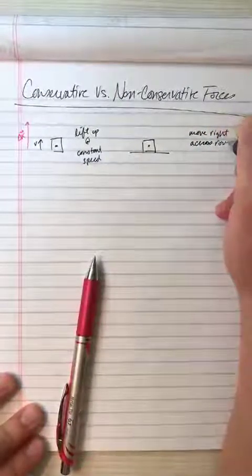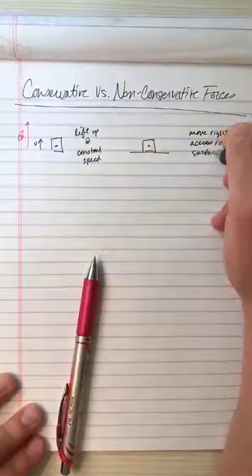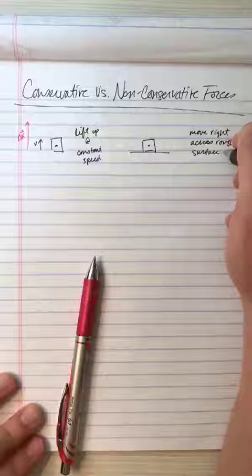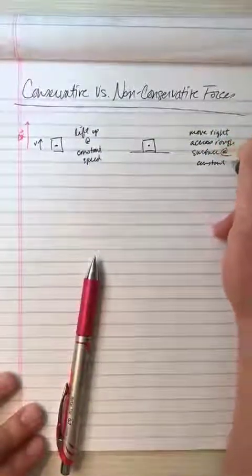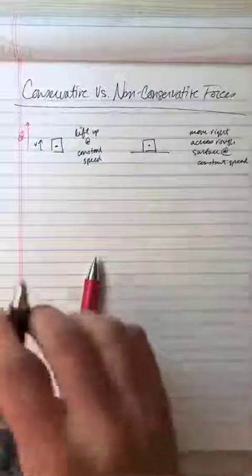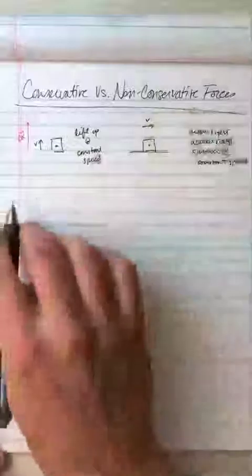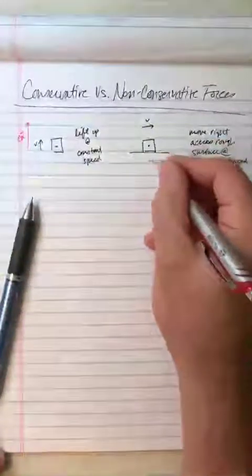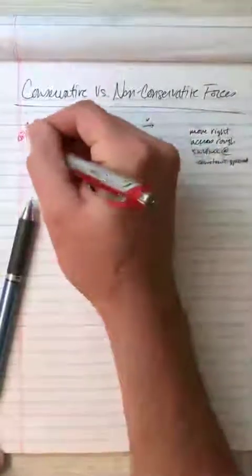And let's say it's a rough surface, also at a constant speed. So it'll have some velocity to the right. It'll experience some displacement, delta x, to the right.